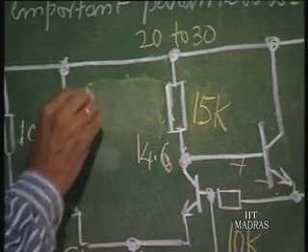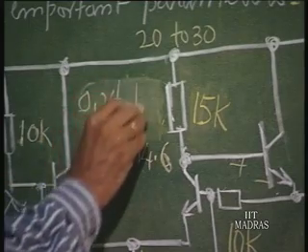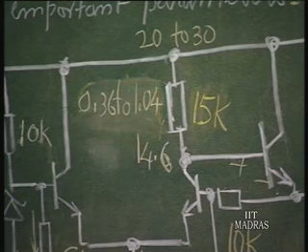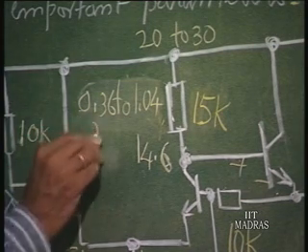So, the 0.36 to 1.04 something like that. Right. So, this is the variation of current in this.